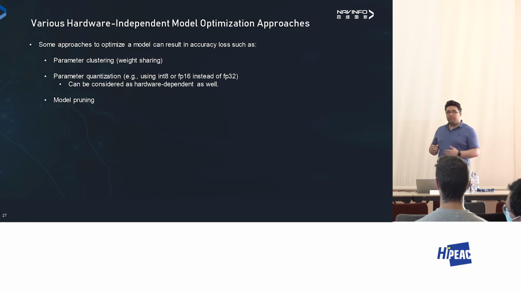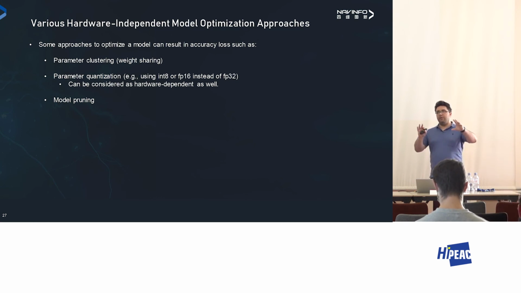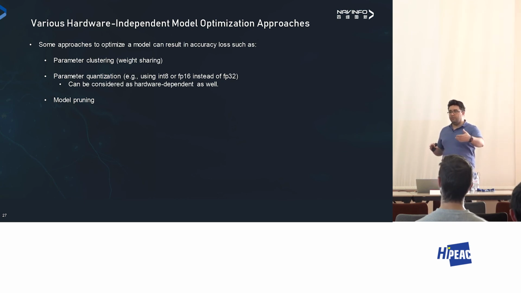Another important optimization, which is again hardware independent, is to prune the model. So it is very well known that a model can be pruned, by meaning that lots of connections and nodes can be removed from the model, and the model is still able to provide its functionality in some cases without even any accuracy loss.